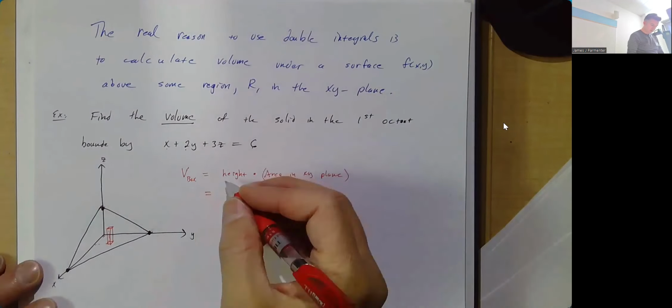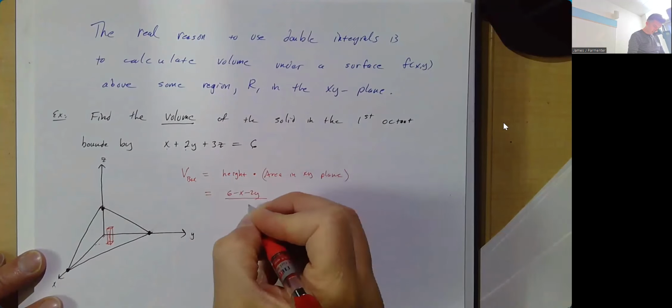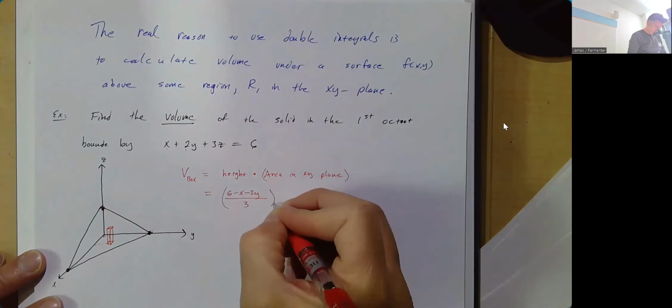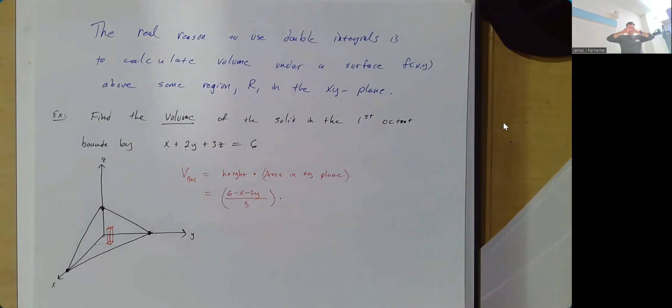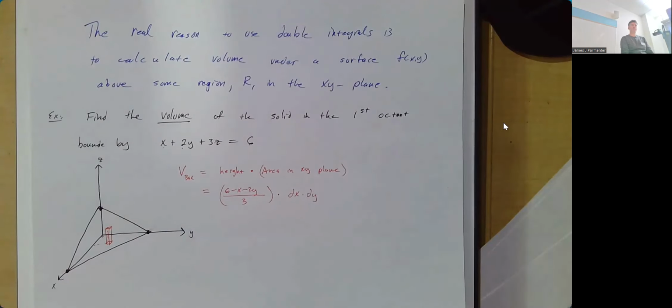Solving for z, we would get 6 minus x minus 2y divided by 3. And the area of the little square is a small change in x times a small change in y. It's a dx times dy. Just like the area of the rectangle was the height of the rectangle times a dx, same idea here. Now it's height times dx times dy.